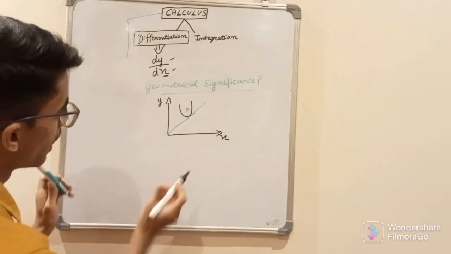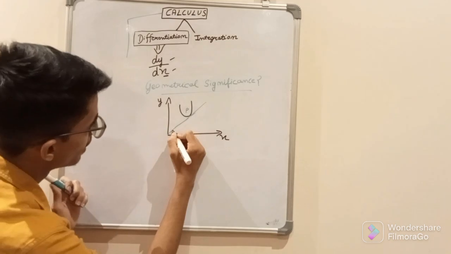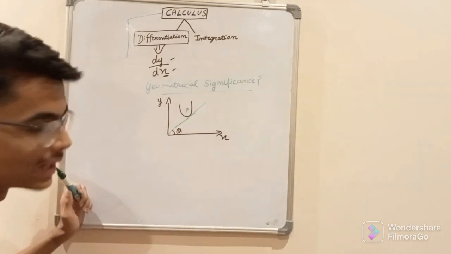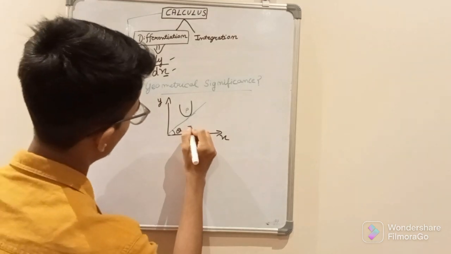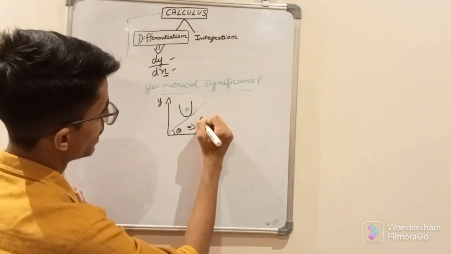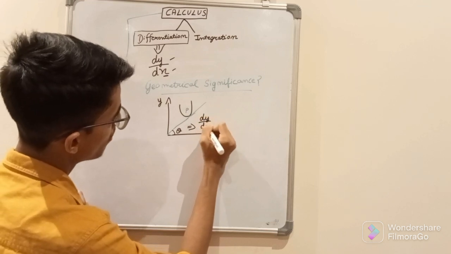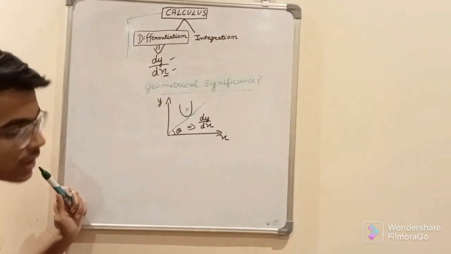Now, the slope which is touching the point will have an inclination of theta. Let's say the angle is theta. Now, if we differentiate this theta in terms of dy by dx, y is the y coordinate and x is the x coordinate of the graph.